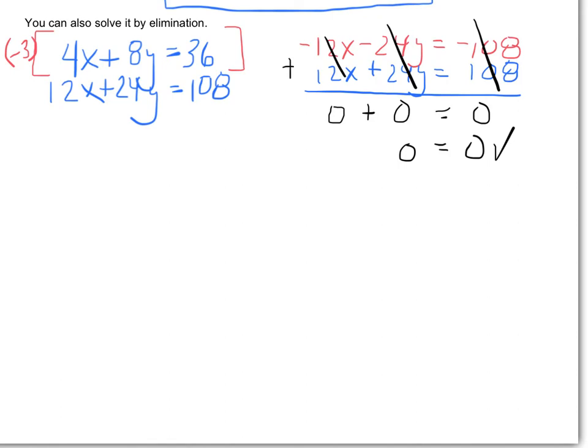So what we want to say there is not that the answer is 0, because it's not. Although I shouldn't say that. It is actually one of the answers, but there's an infinite number of other answers.